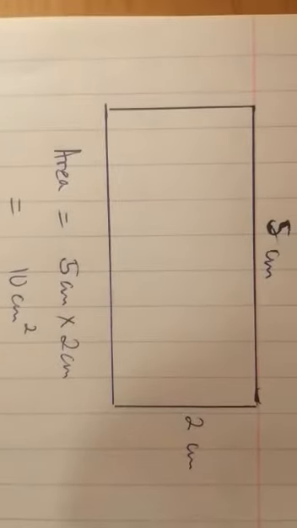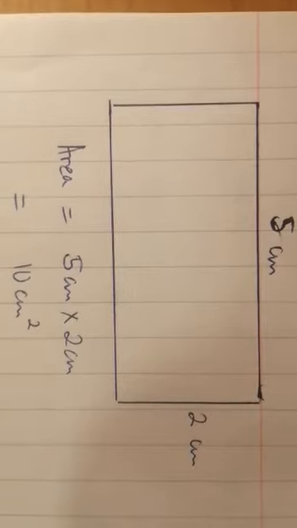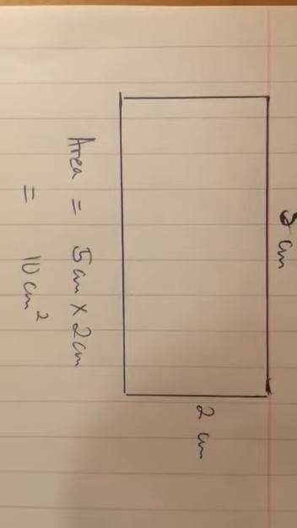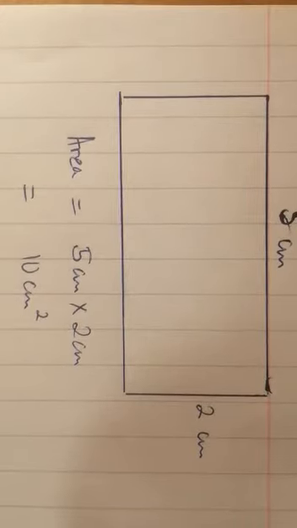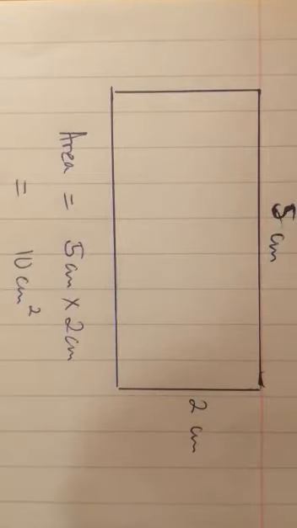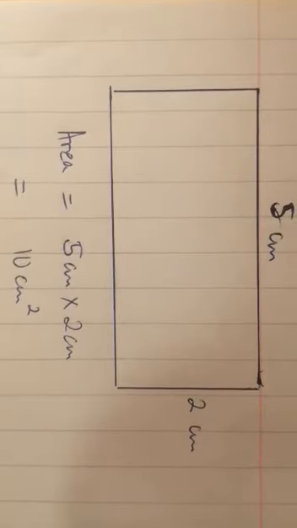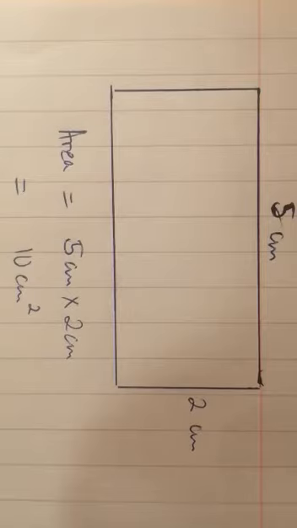So here we have a rectangle with a length of 5 centimeters and a width of 2 centimeters. So using the formulas that we saw from the last page, its area is equal to 5 centimeters times 2 centimeters. That will give us 10 square centimeters.